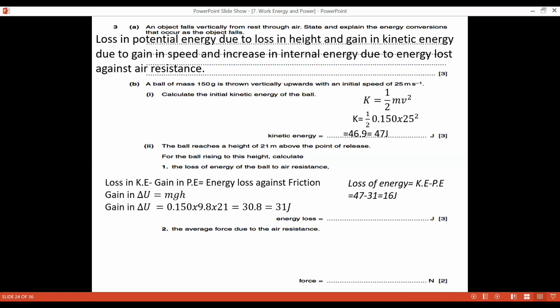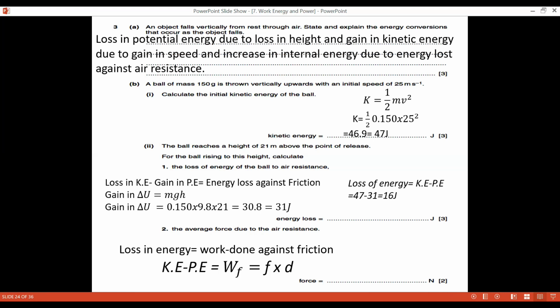What is the force? Remember, the friction only acts when the object is moving, and the distance the object has moved is 21 meters. So F into D is your work done against friction. F we have to calculate, distance will be 21. And from here, you can find out the value of F as 16 divided by 21, which comes out to be 0.76.